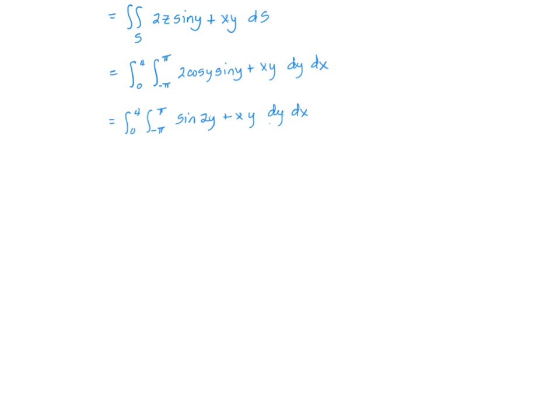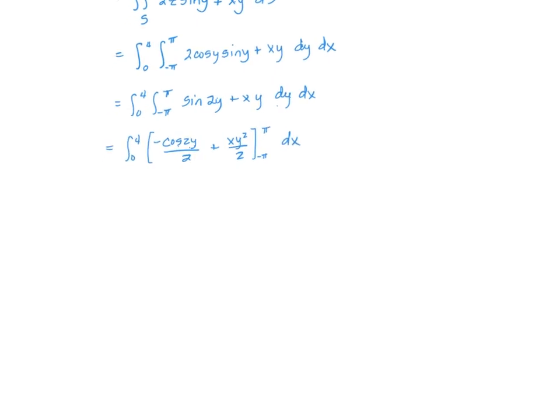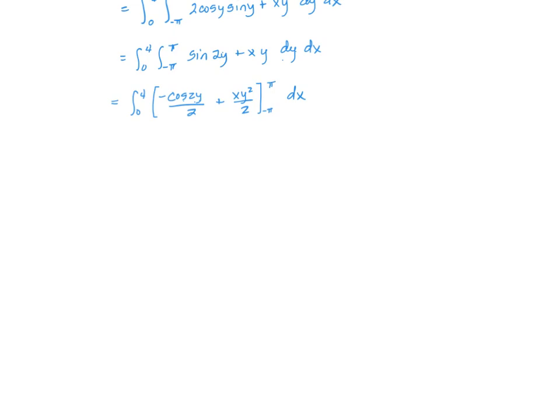Let's see, now I can integrate directly. This becomes negative cosine of 2y over 2, plus integrating with respect to y gives me xy squared over 2, which is nice. If I want, I can pull out the half. Negative pi to pi. I'll just leave it in.